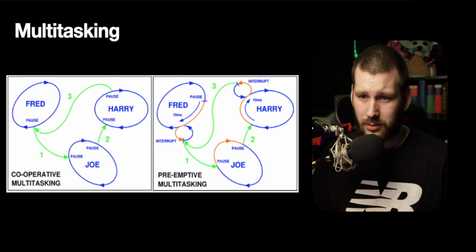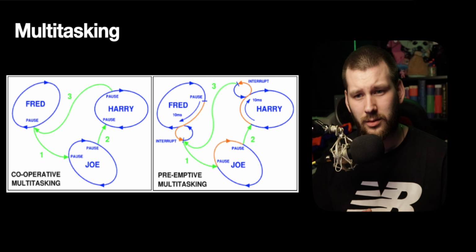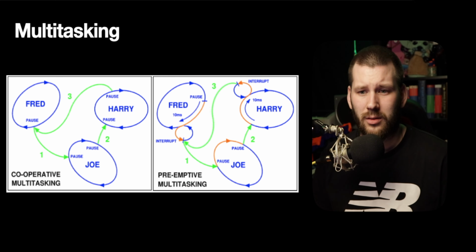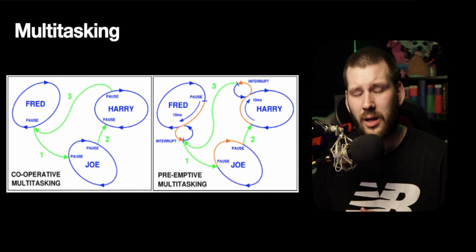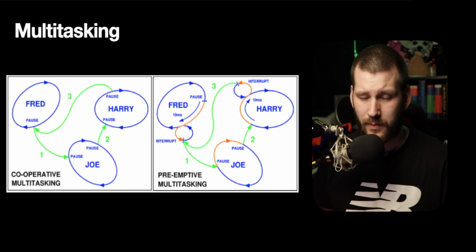On the downside, it makes the computer a tiny bit slower than if we were using cooperative multitasking. But in this day and age, it's not noticeable. You won't notice it. Windows NT and every following version of the NT family uses preemptive multitasking.